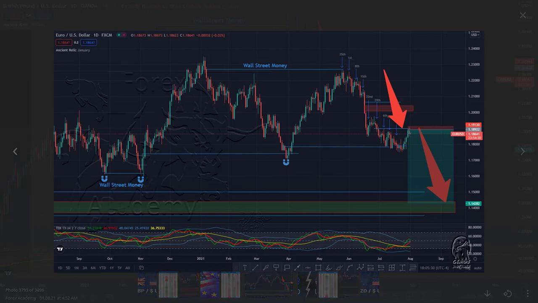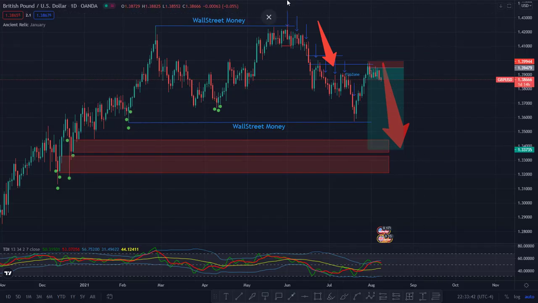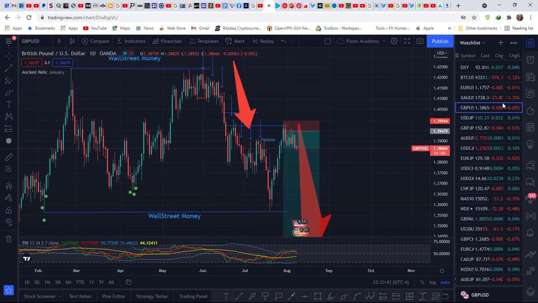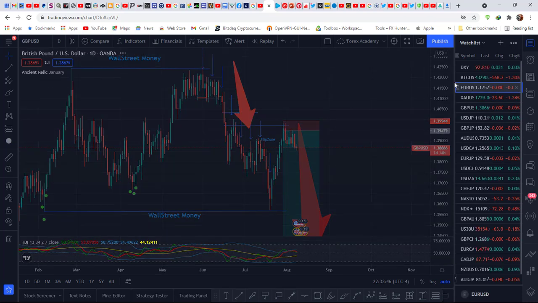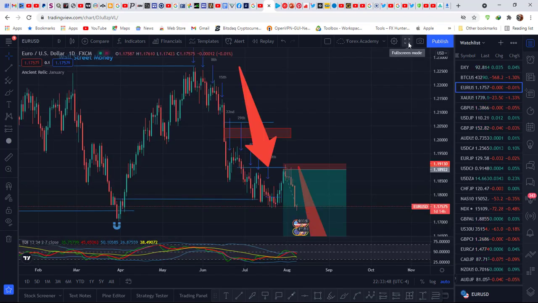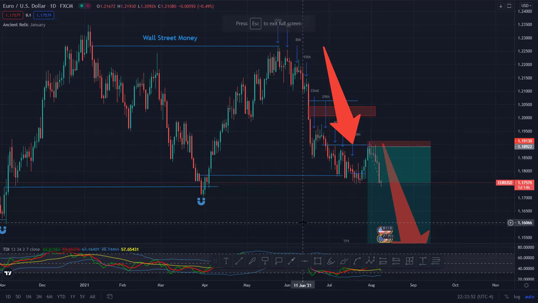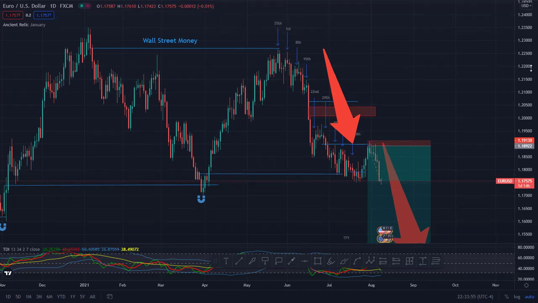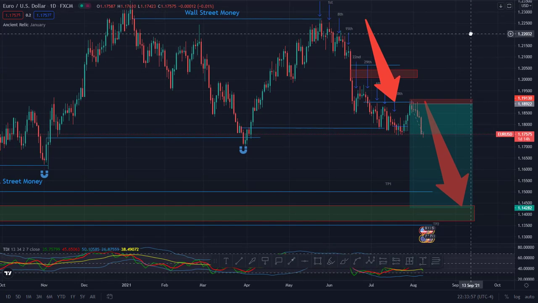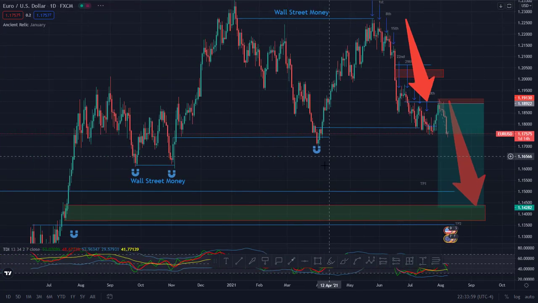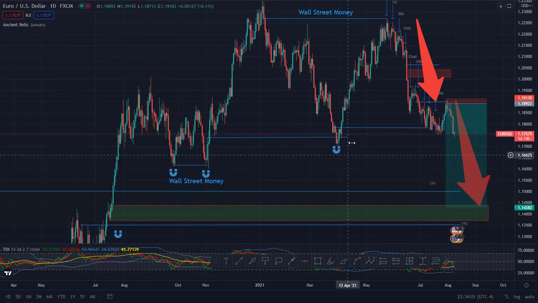Let's go to Euro USD. Euro USD, here we are. And then we had this Friday's move, and it was nice. And then the point that I have just raised is we are targeting this zone, guys, this area for this week.